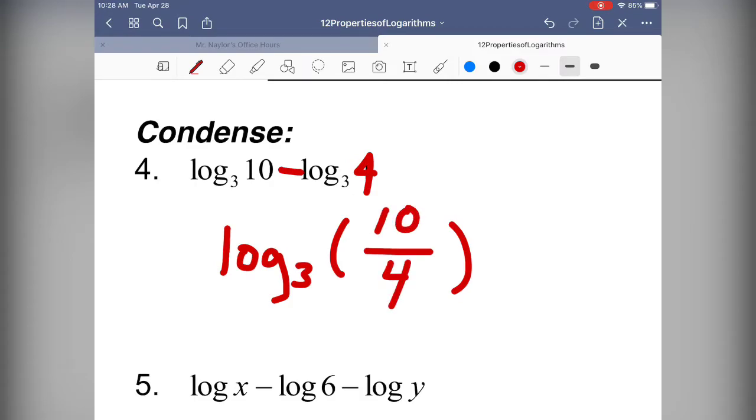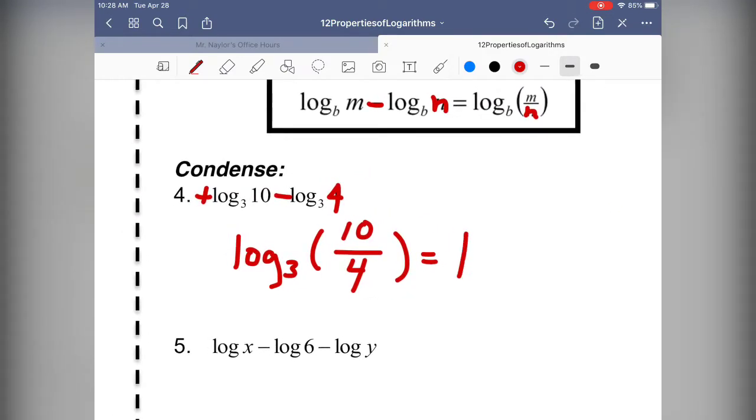And honestly, whatever's being added, it is actually true that there is a plus sign on this log of 10, so whatever's being added ends up in the numerator. Now, 10 over 4 is able to be simplified, as you could always simplify that to be 5 over 2. But in the end, we end up with the log base 3 of 5 over 2.